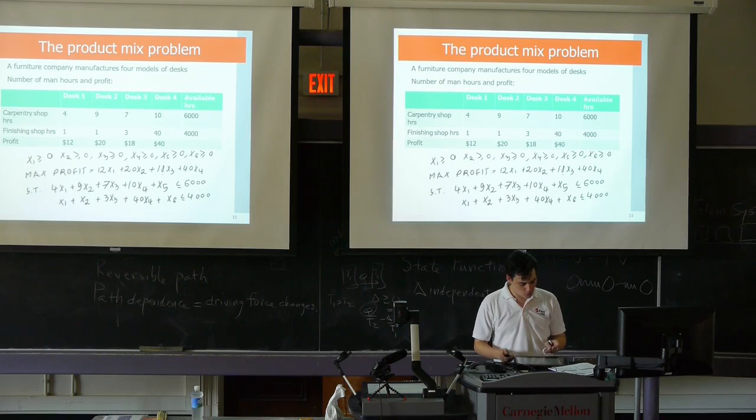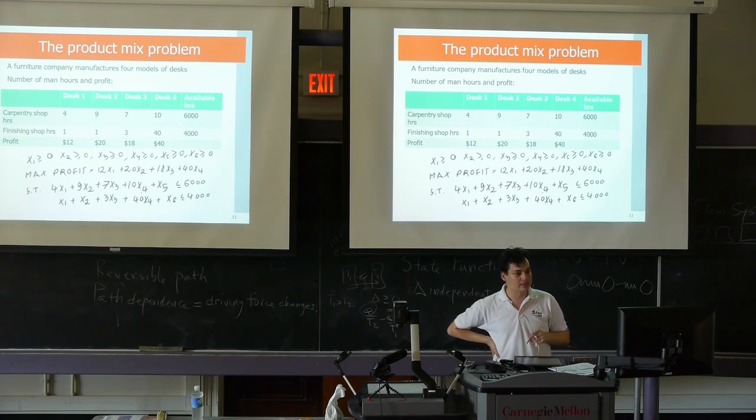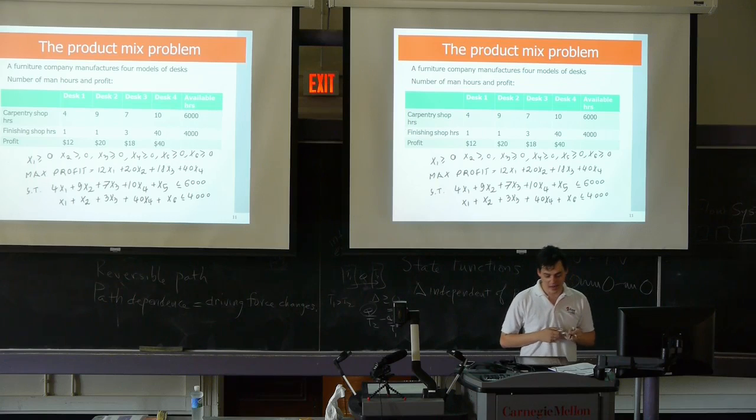And of course you have these constraints that the linear combinations of 4, 9, 7, and 10, just forget X5, is less than 6,000, and X1 plus X3 plus 3X3 plus 40X4 is less than 4,000. So why do I have that X5 and X6 there?